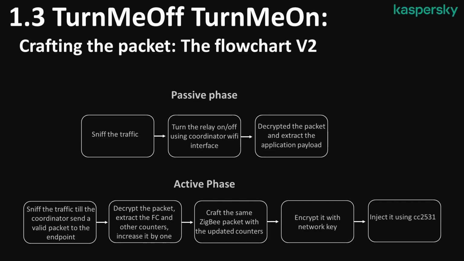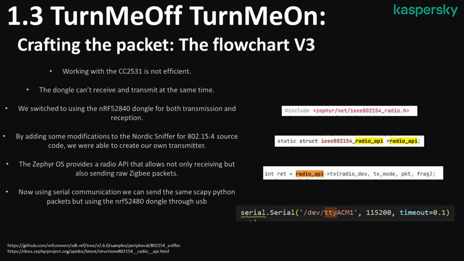We extract the frame counter, and actually our customer was also using some counters at the application level. We should increase all the counters, craft the packets, encrypt them with the network key, and inject them with this CC2531. We successfully manipulated the relay, everything was good, but still this dongle was not efficient enough.